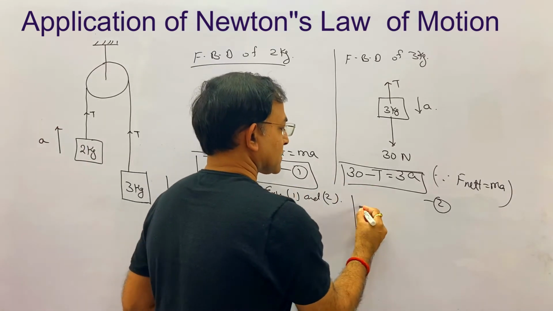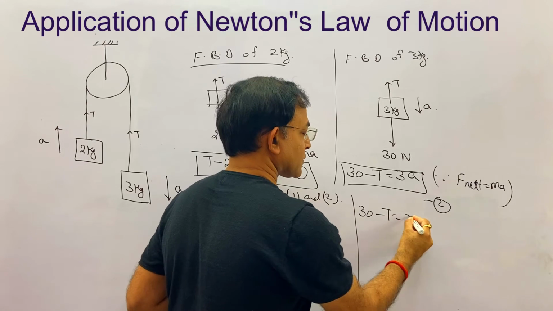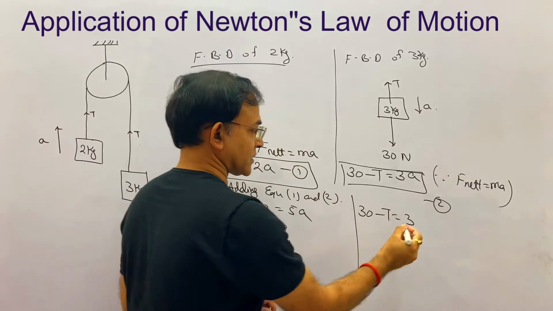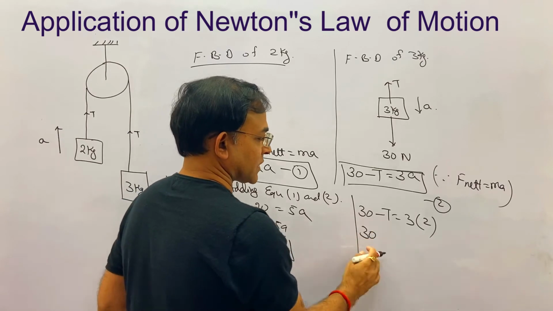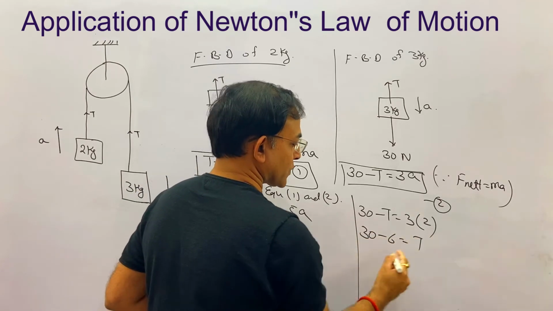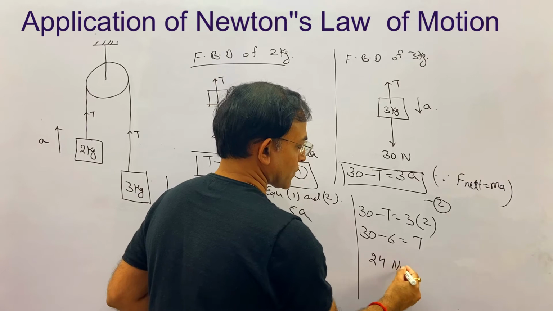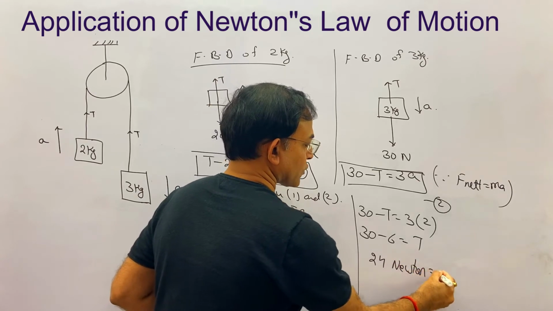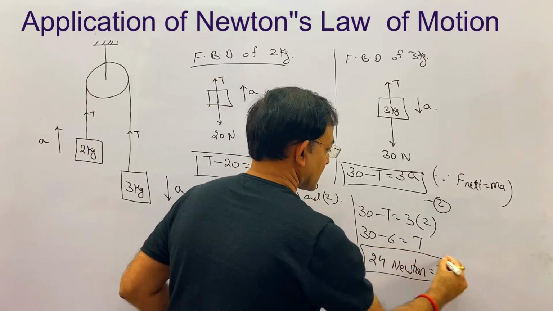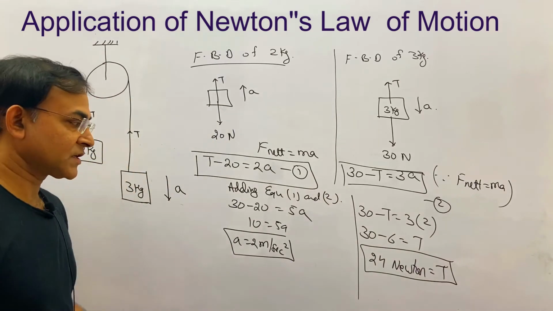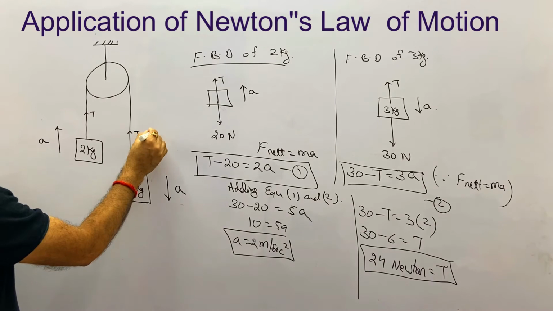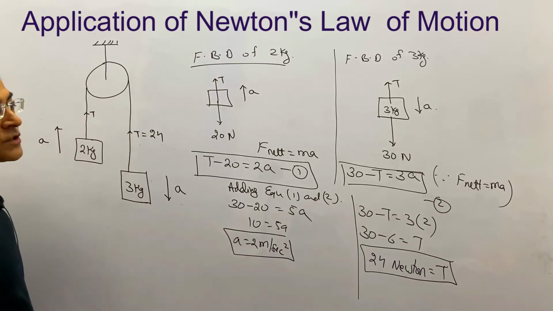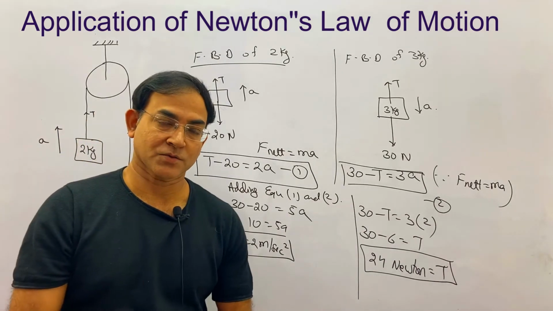So 30 minus T is equal to 3 into A, and A is 2 here, so 30 minus 6 will be equal to T, which is 24 Newton. This is the tension. So we get the value of tension as well as the acceleration. The tension is 24 Newton, while the acceleration is 2 meter per second square.